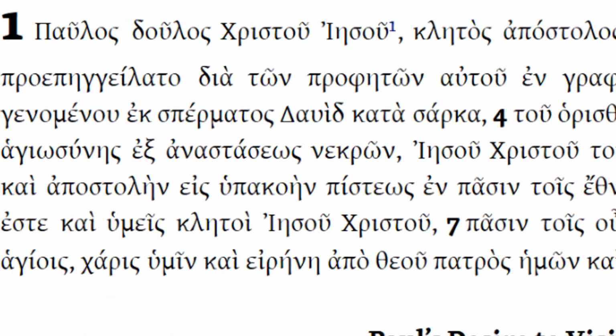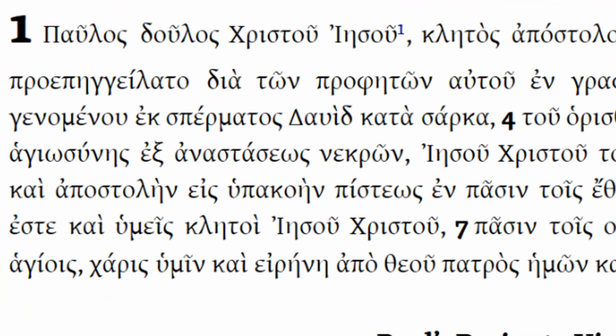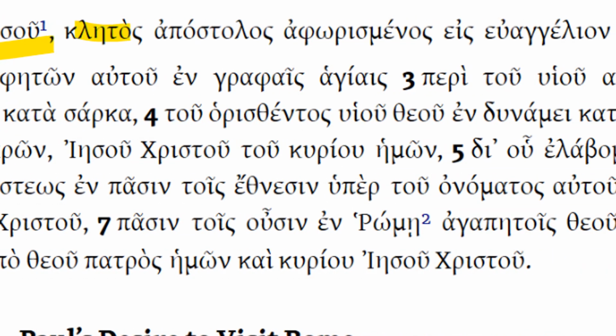Question mark. Okay, now we're over in Romans 1. Let's practice pronouncing some things. Paulos, doulos, Christou, Jesu. Paul, a servant, a doulos, of Christou Jesu, of Christ Jesus. Kletos apostolos.